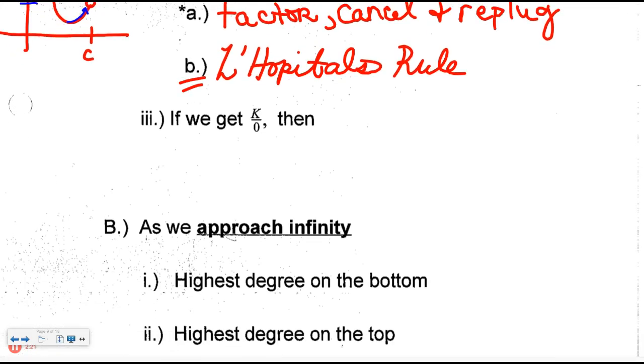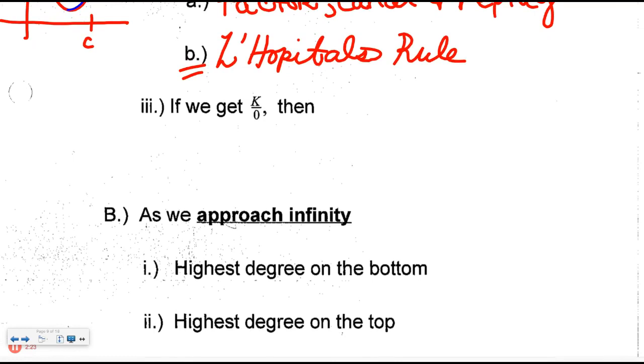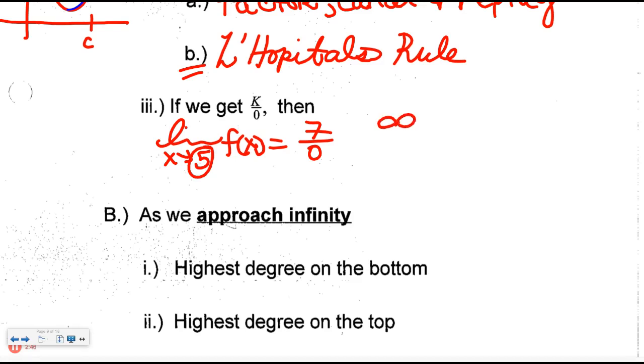If we get a number over 0, like say our limit as we approach 5 of the function equals 7 over 0, what that means is we didn't get cancellation, and it means we have a vertical asymptote at 5. So we have to decide if we end up heading towards infinity or negative infinity.